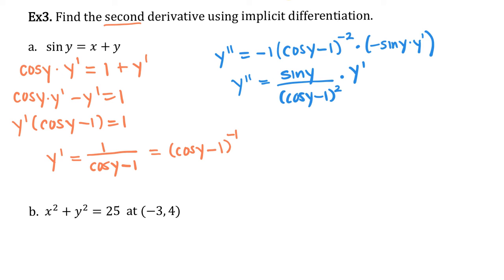Okay, which I can't leave y prime in my answer for y double prime. However, I already know that y prime is equal to this expression. So I'm going to go ahead and substitute that expression in here. So this is sine of y over cosine y minus 1 squared times, and then for y prime, I'm going to replace it with this expression.